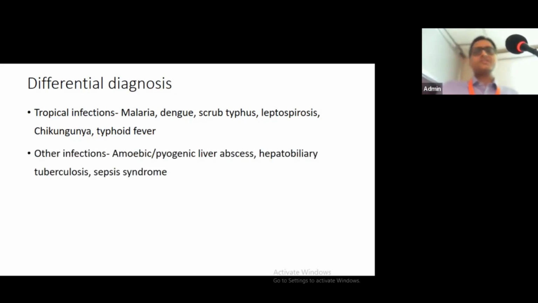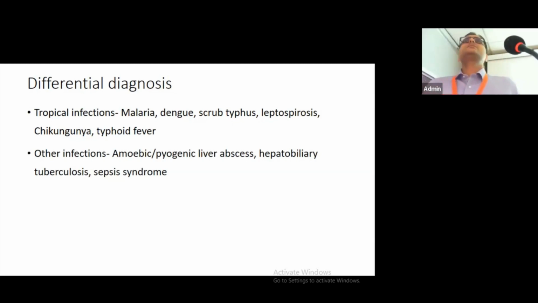Second are the other infections, like amoebic and pyogenic liver abscess. A patient with amoebic or pyogenic liver abscess may also have fever, jaundice, as well as prodromal symptoms. But here he will have tenderness in the right upper quadrant, and when you subsequently do imaging, you will find evidence of liver abscess. Then comes hepatobiliary tuberculosis.